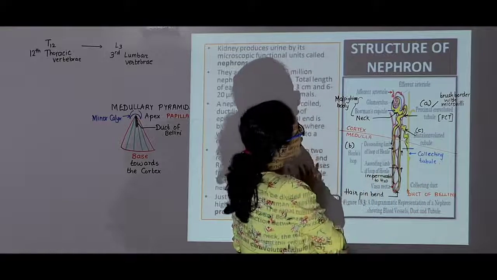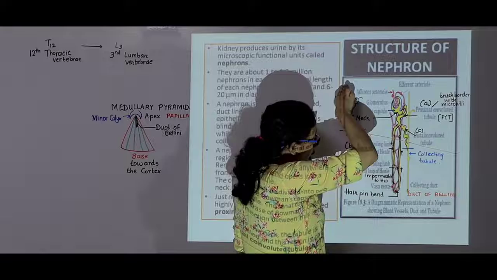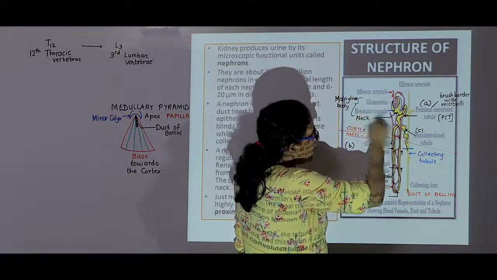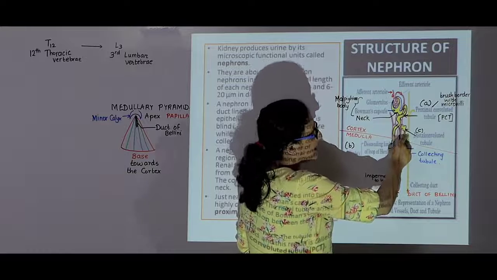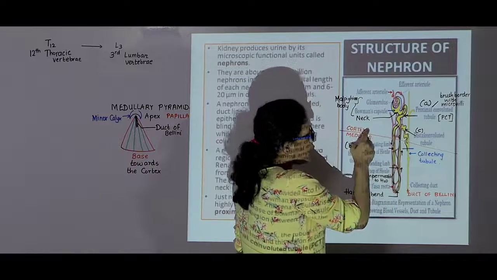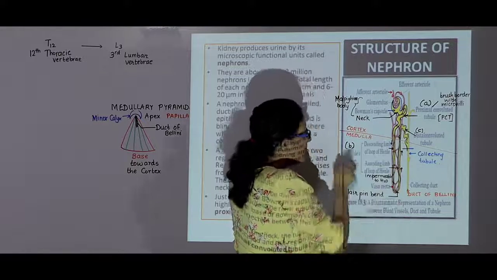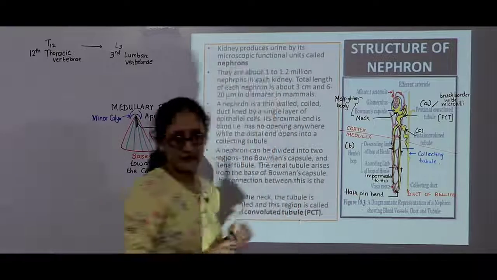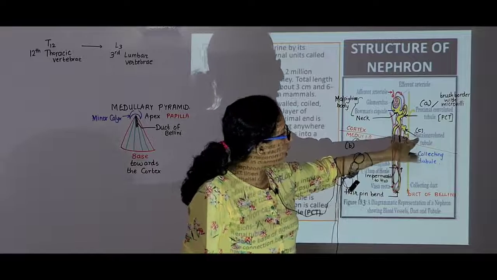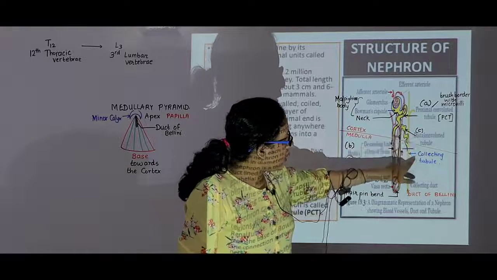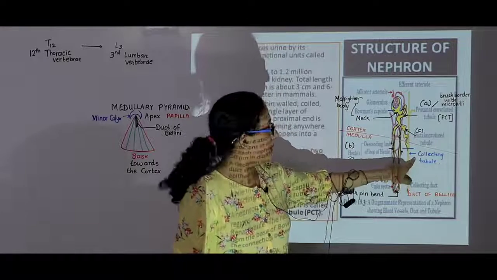So, what all is there in the cortex? The Malpighian body, which has glomerulus and Bowman's capsule. The PCT and the DCT lie in the cortex, but the Henle's loop lies in the medulla. From the DCT, the distal convoluted tubule, the urine will go into the collecting tubule.